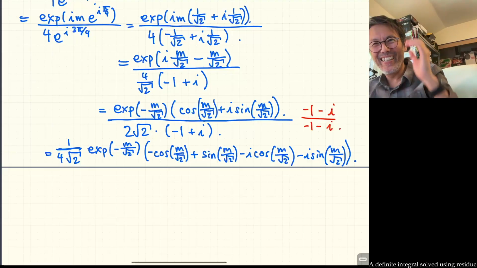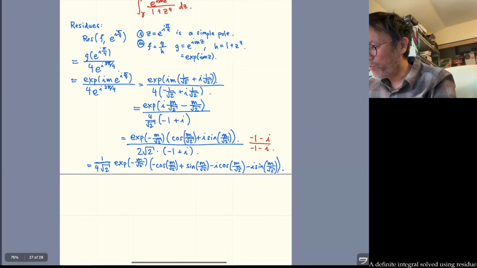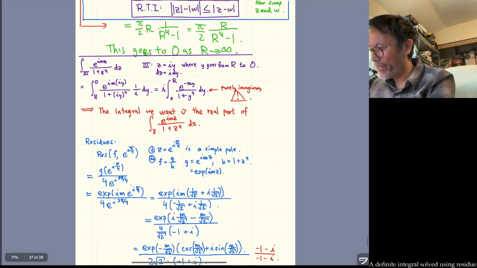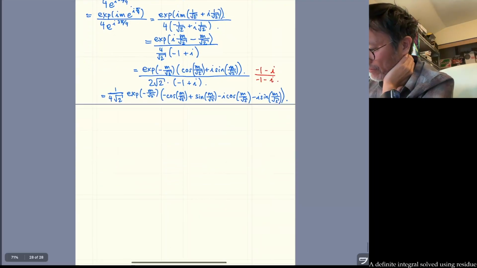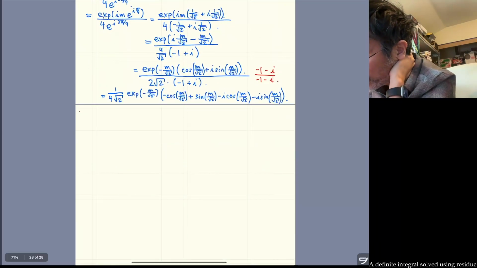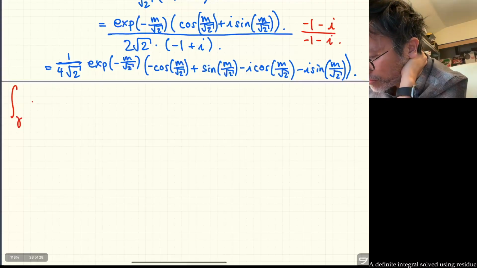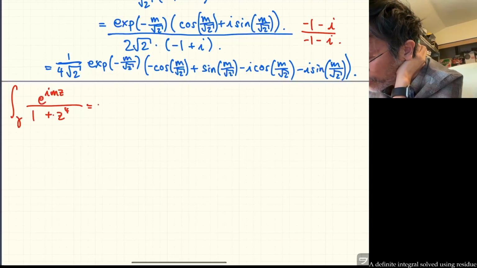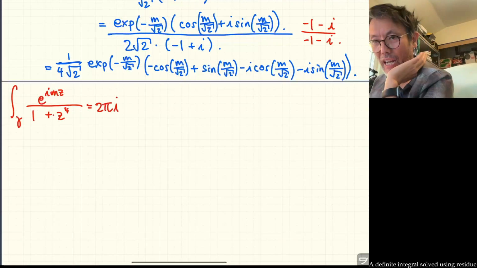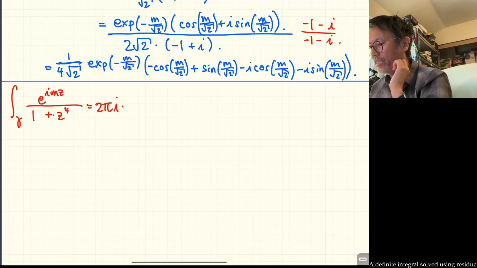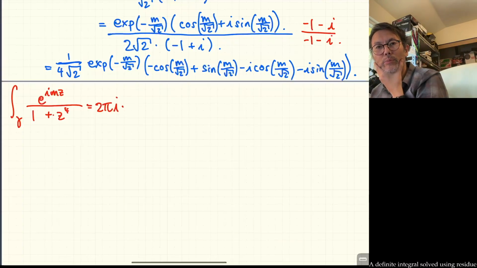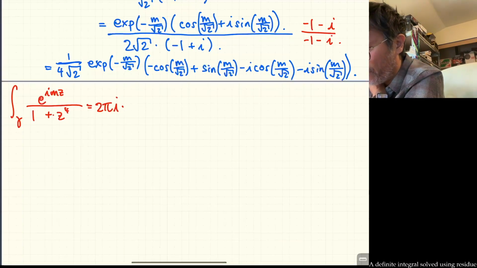But now, okay, what I can do now is compute this integral. So the integral over gamma of e to the imz over 1 plus z to the 4th is equal to 2 pi i times this beautiful thing here. Do you believe it? So it's times all of this.